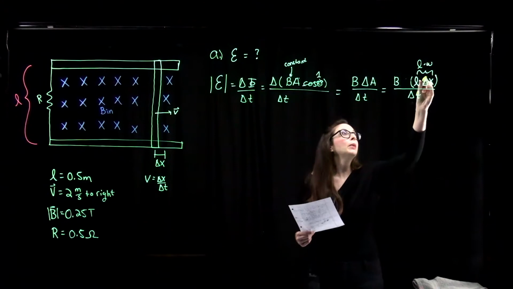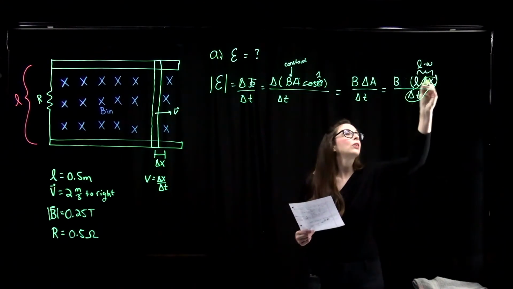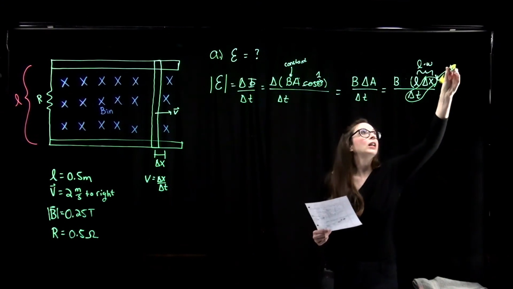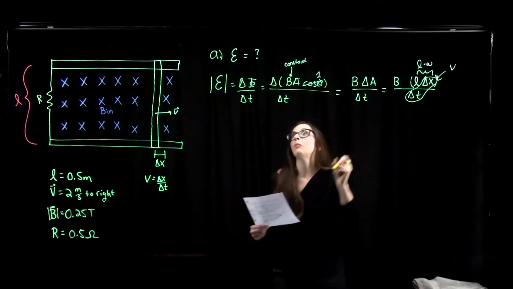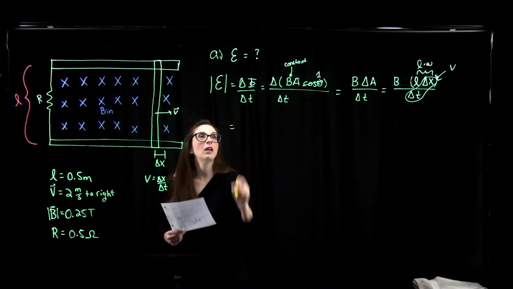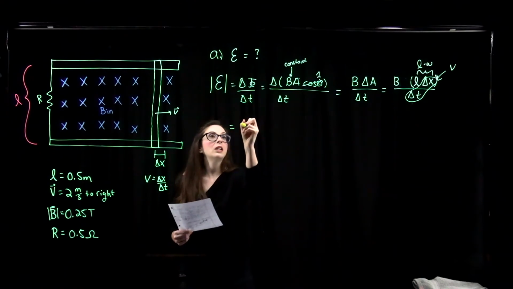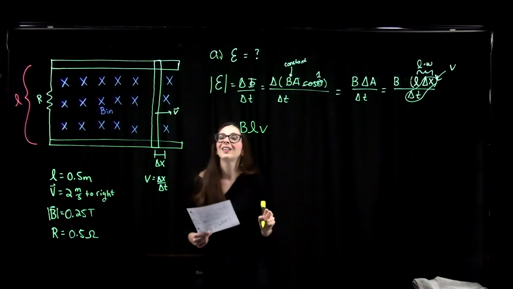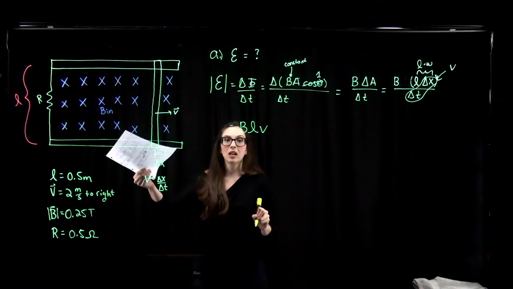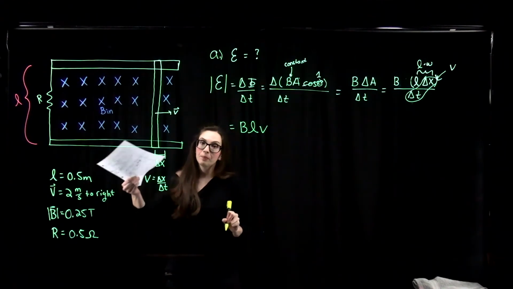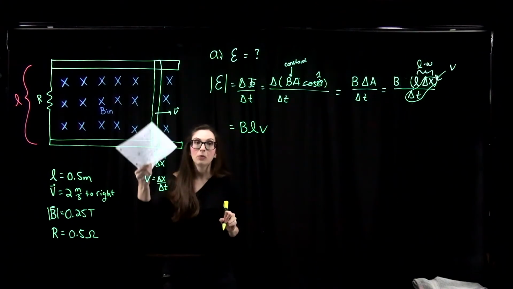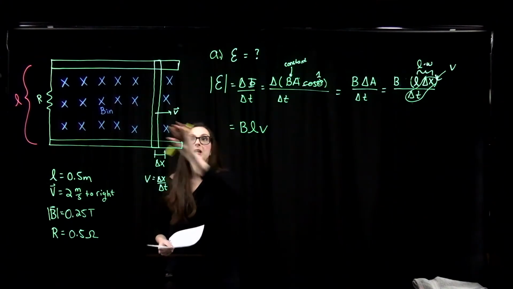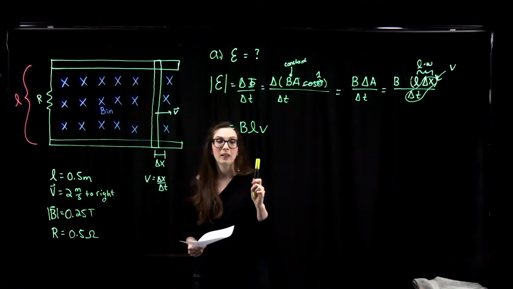So remember that delta x over delta t is V. So the magnitude of my motional EMF is equal to B L V: the magnetic field, that's not changing, times the length of my conductor moving through the field, times the speed at which I'm moving that conductor inside the field.